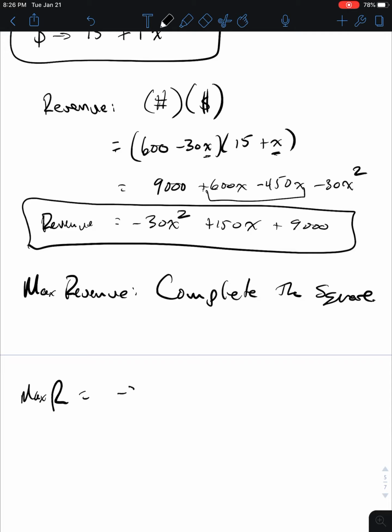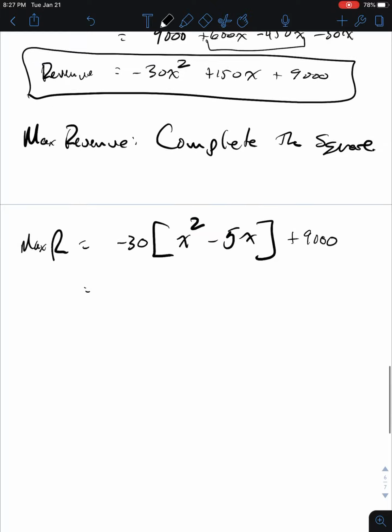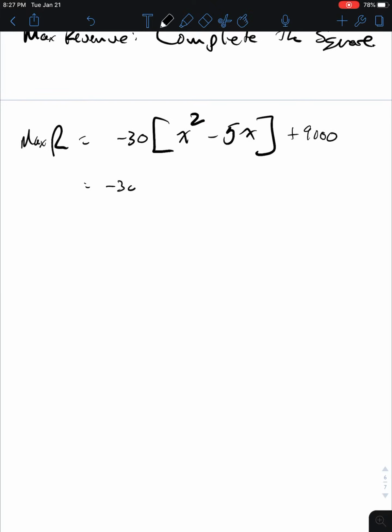So max R is equal to negative 30, and then I'm going to open a square bracket, and it's x squared minus 5x.